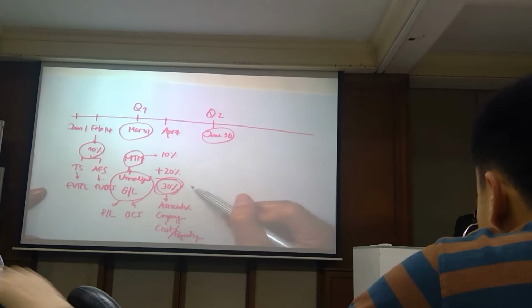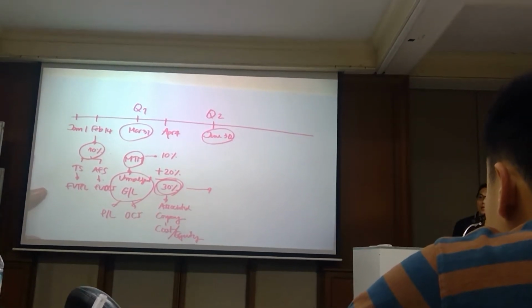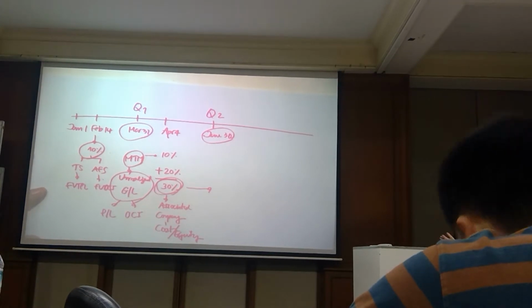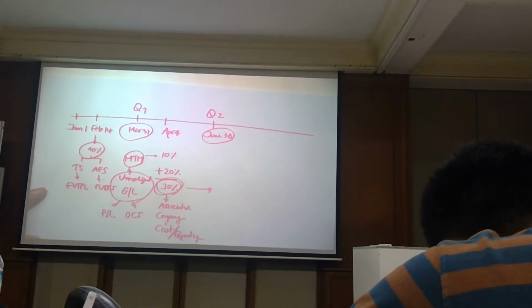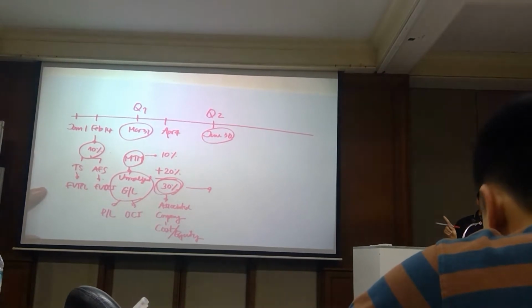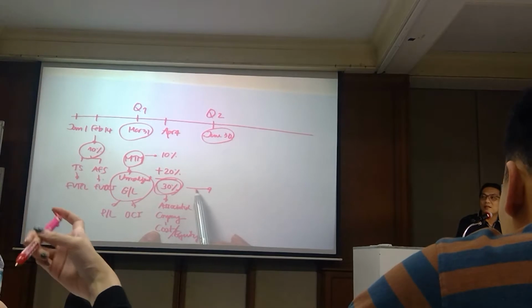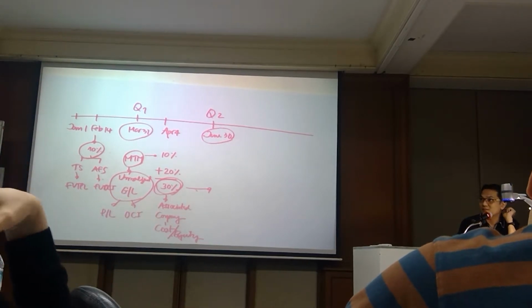So in quarter 2, June 30, what should we do for this investment? Do we need to mark to market? No, right? Because now you own them as an associate company. We don't need to mark to market. But what happens if you pick the cost method? You need to recognize dividend income.